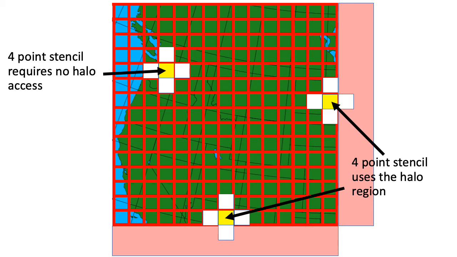Notice that the grid points along the eastern boundary and along the southern boundary each require a grid cell to be accessed from the halo. So the halo exists for every MPI process. The halo is only utilized when the stencil requires information that extends beyond the computational space for the individual MPI process.